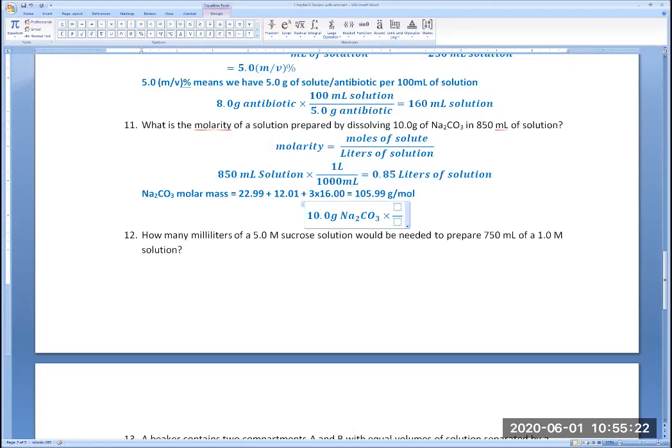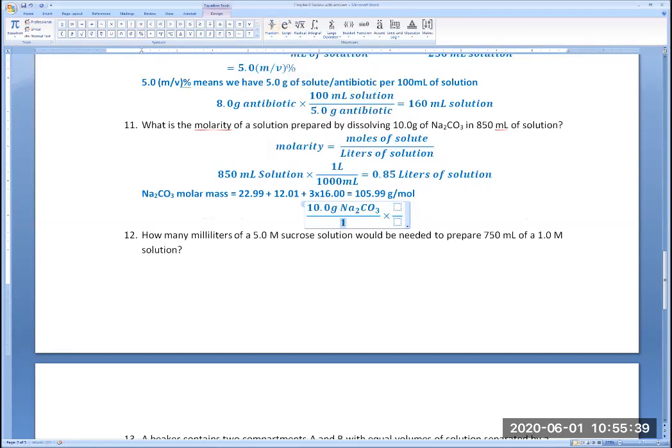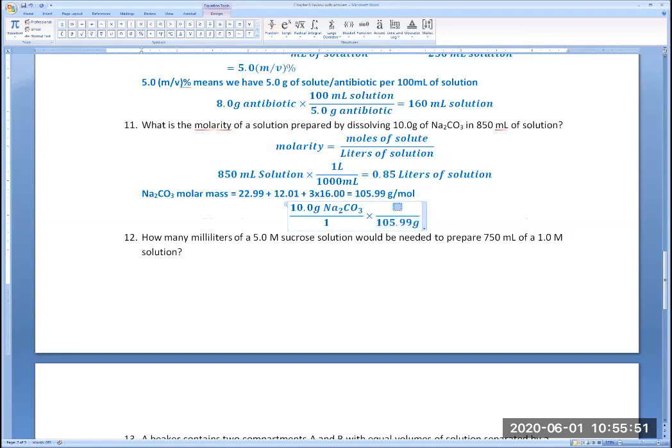Because the given amount is in grams of Na2CO3, we want to cancel the grams. The given amount is always in the numerator, like being above 1 as the denominator. So let's put 105.99 grams of Na2CO3 on the bottom over 1 mole of Na2CO3. And let's copy that.